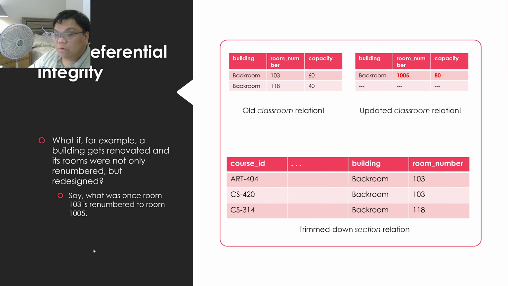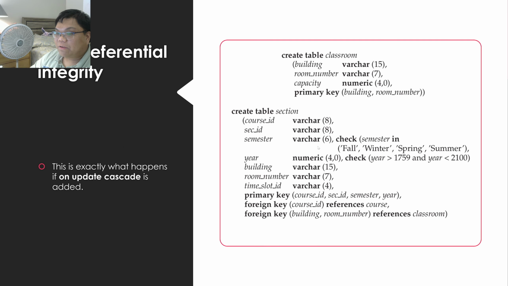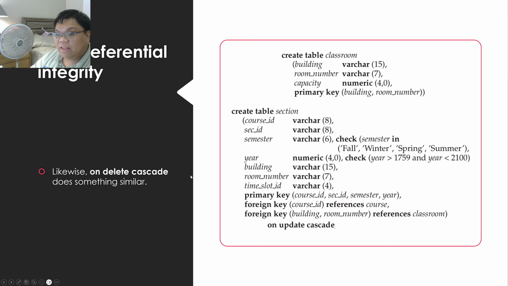Now what? What used to be room 103 is now room 1005. Well, the most reasonable thing to do is to just update the room number, which is exactly what onUpdate Cascade does. If we did instead onDelete Cascade, it does something similar.